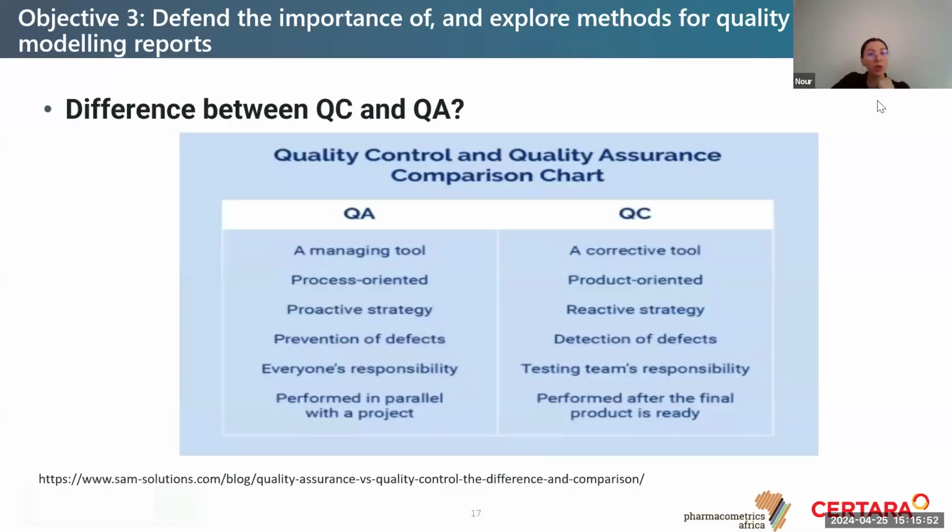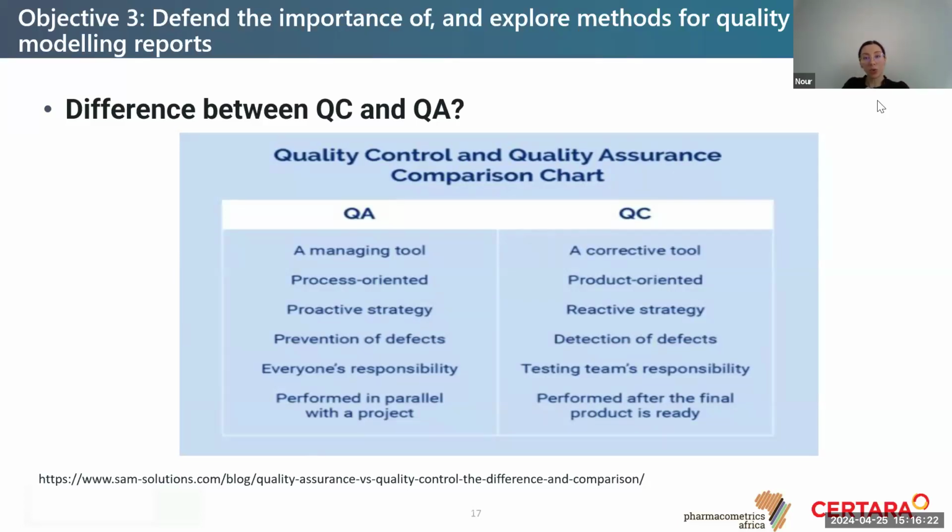And then here we have the difference between QC and QA, the quality control or quality check and quality assurance comparison chart. Quality assurance is a managing tool, whereas quality control is a corrective tool. Quality assurance is a process-oriented, proactive strategy, aimed at prevention of defects, is everyone's responsibility, and is performed in parallel with the project.